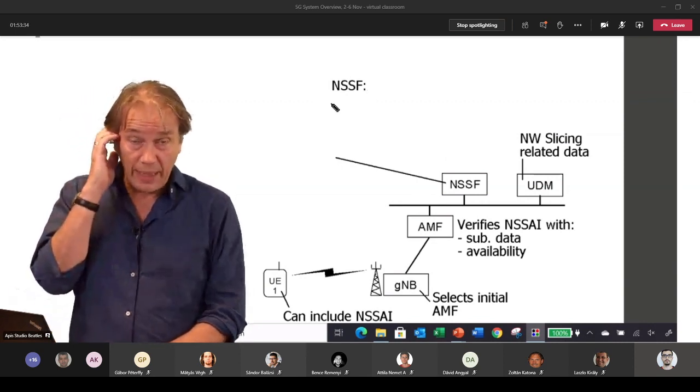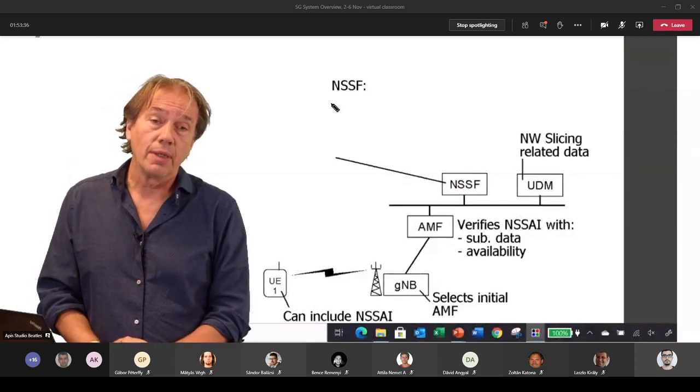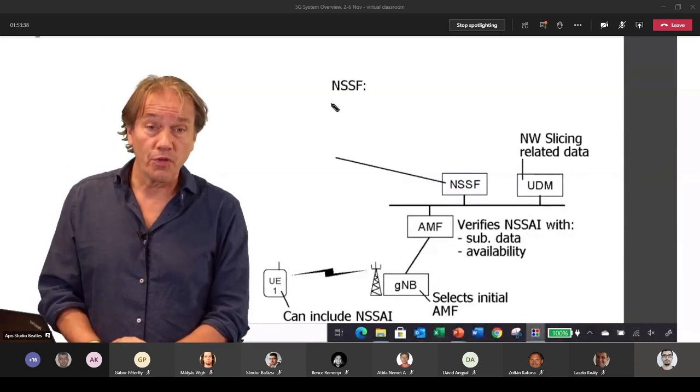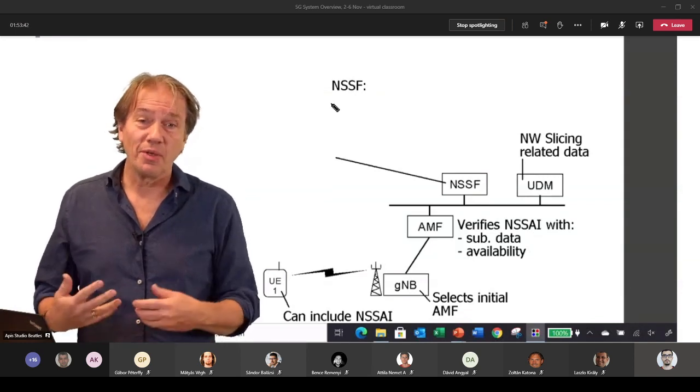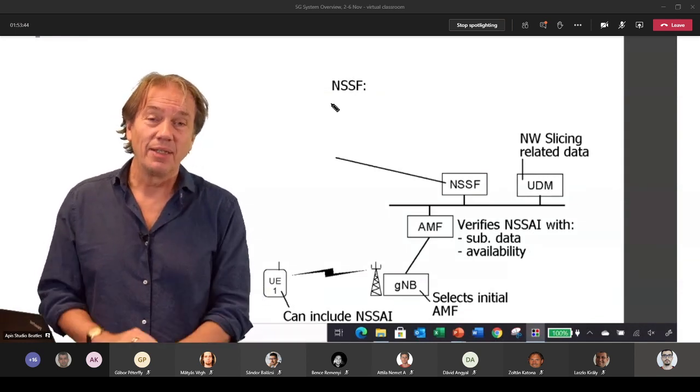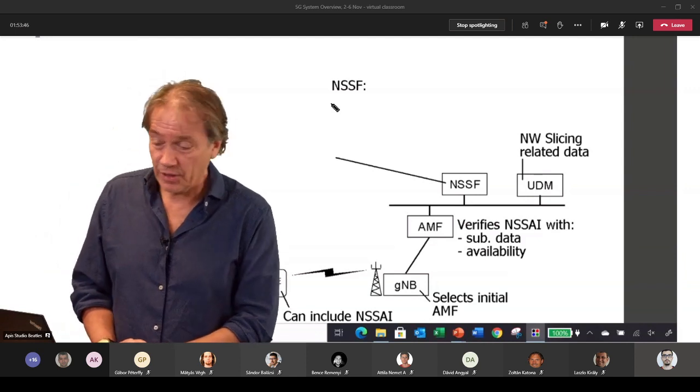The NSSF will in the end select network functions belonging to the selected network slice instance.